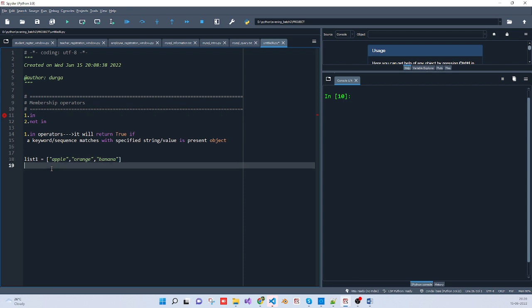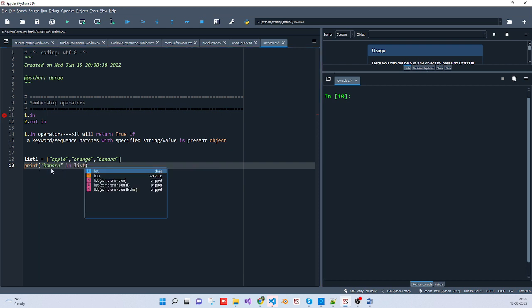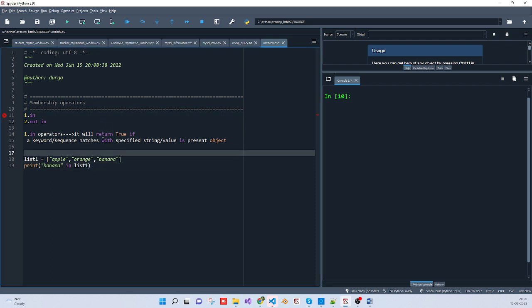Next, how to use the in operator. I'm taking banana in list one. It will return true.